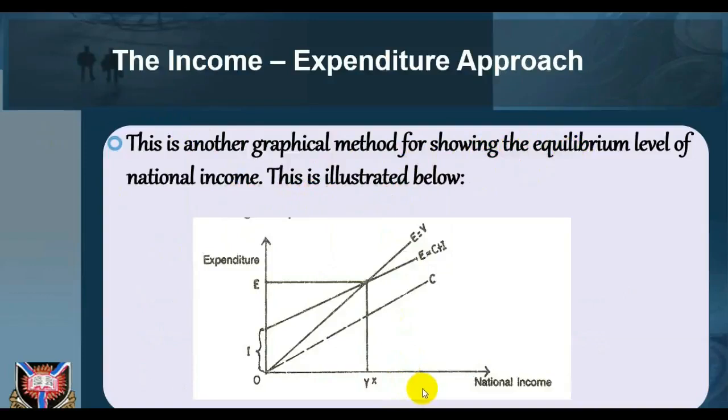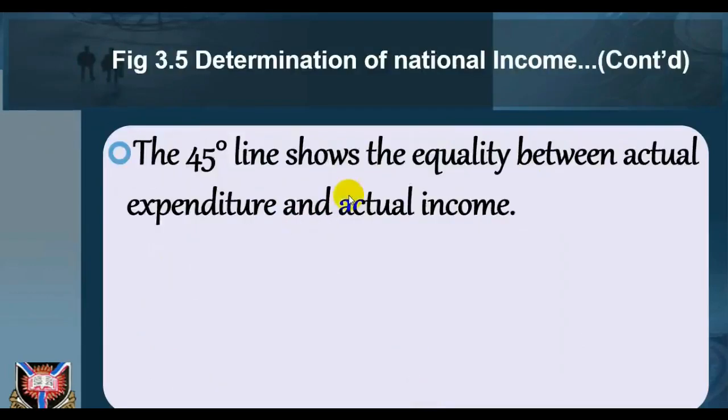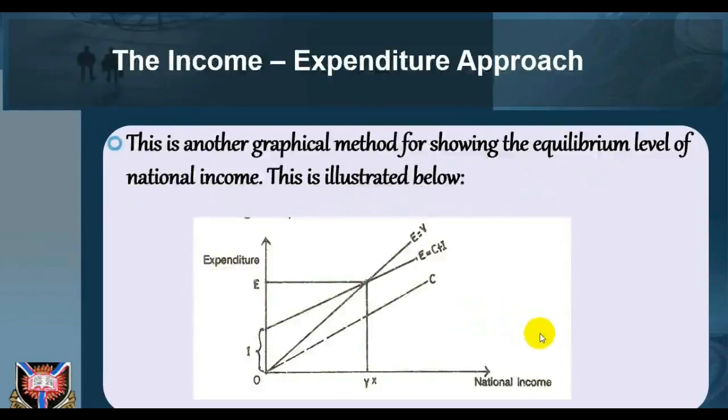The 45-degree line shows the equality between actual expenditure and actual income. Points above or below the line show a combination from which expenditure exceeds income or expenditure is less than income, respectively.